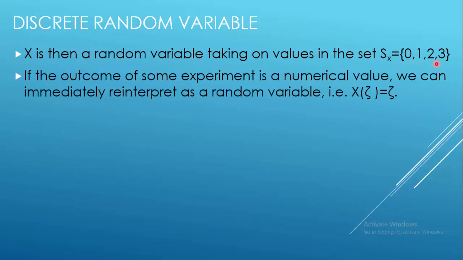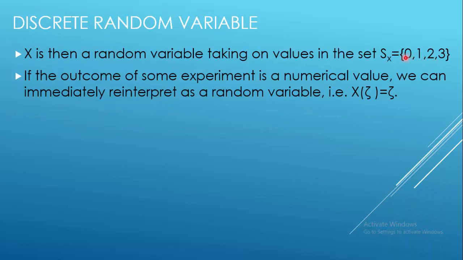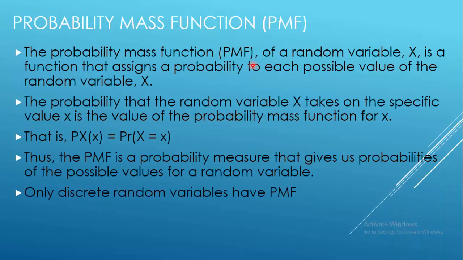These are the possible values of X. So what is the probability of 0? Meaning having no head at all. Or what is the probability of having 3? What is the probability of having 3 heads? So this is called the probability mass function. This probability mass function simply is a function that assigns a probability to each possible value.